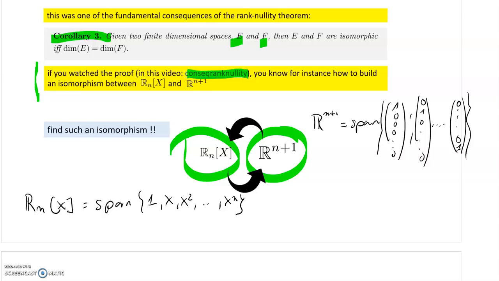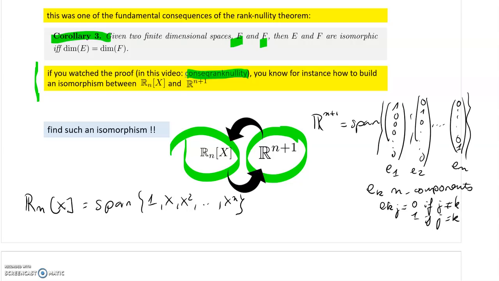Let's call these vectors E1, E2, up to En, where Ek has n components, and Ekj is equal to 0 if j is different from k, and 1 if j is equal to k.